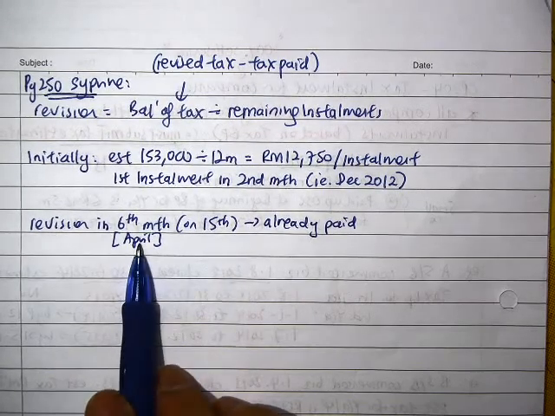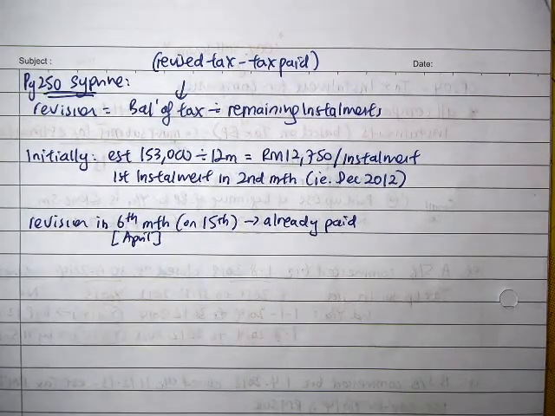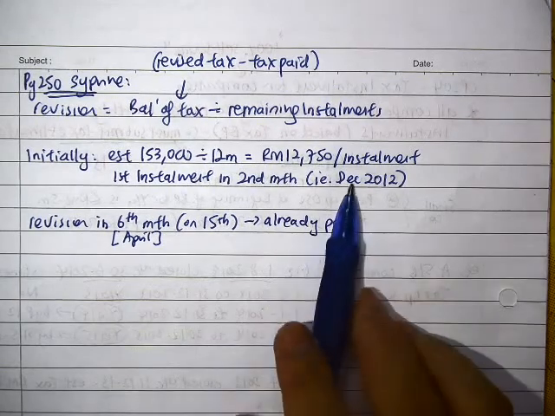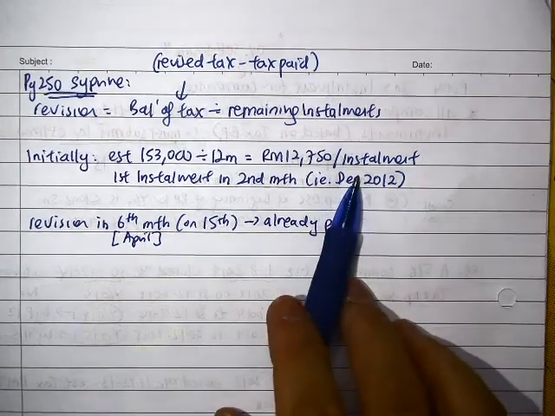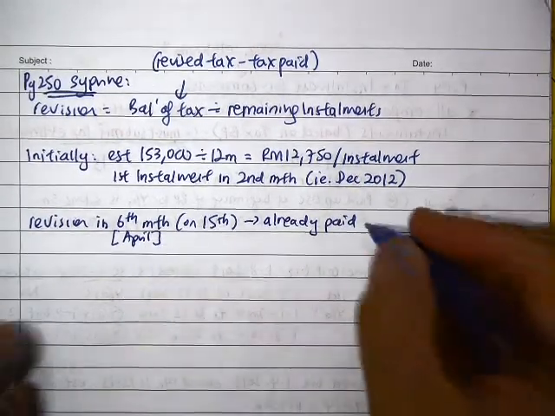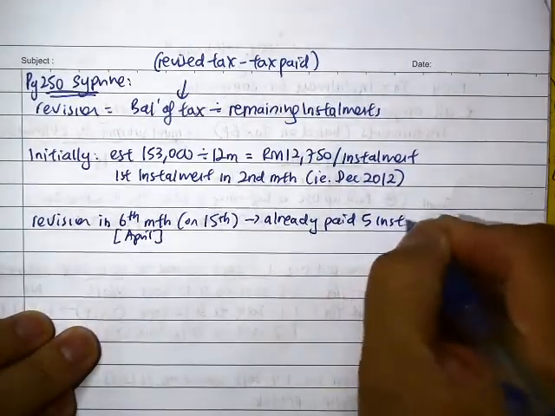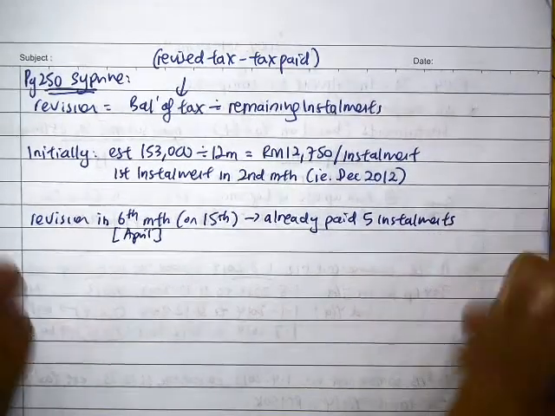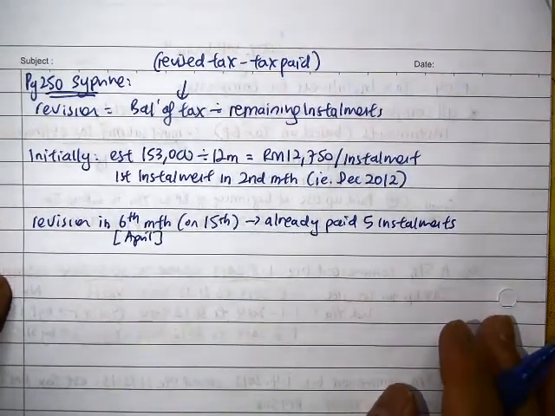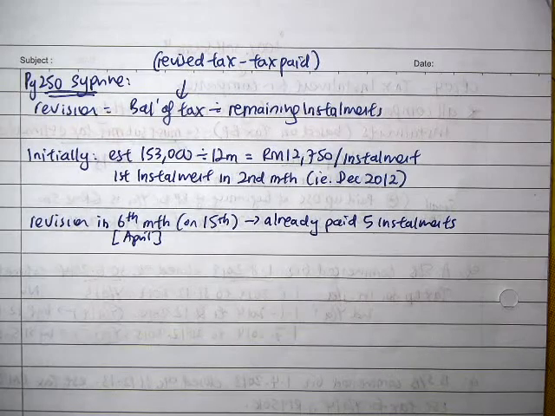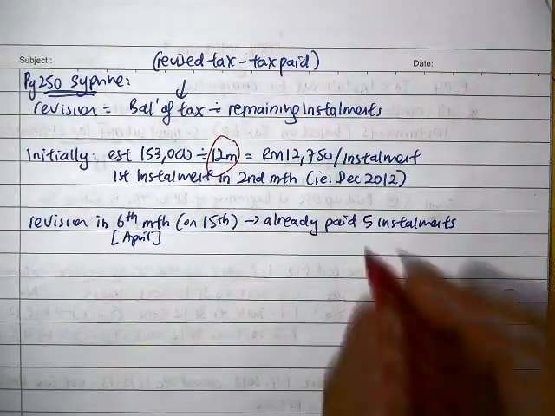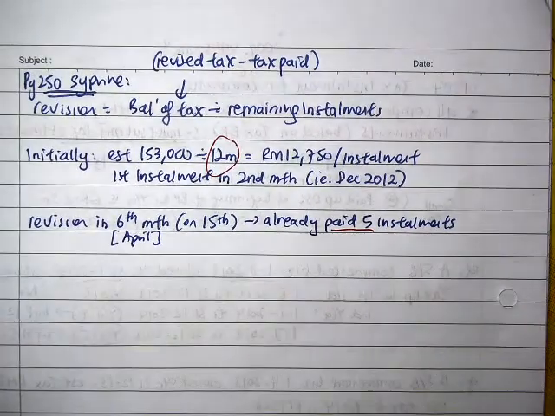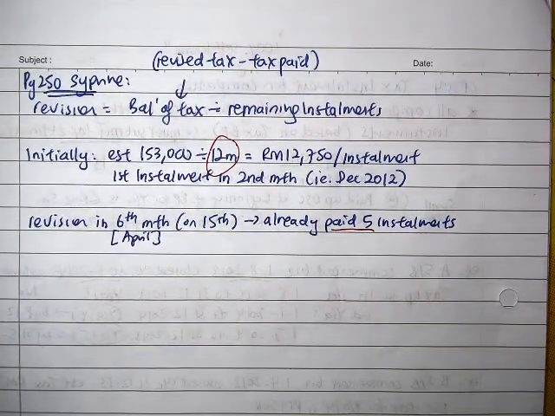That means April also you pay already. So how many installments have you paid? Start in December until April. You already paid 5 installments, correct? Now you have 12 installments in a year. You already paid 5 installments. That means you still have another 7.